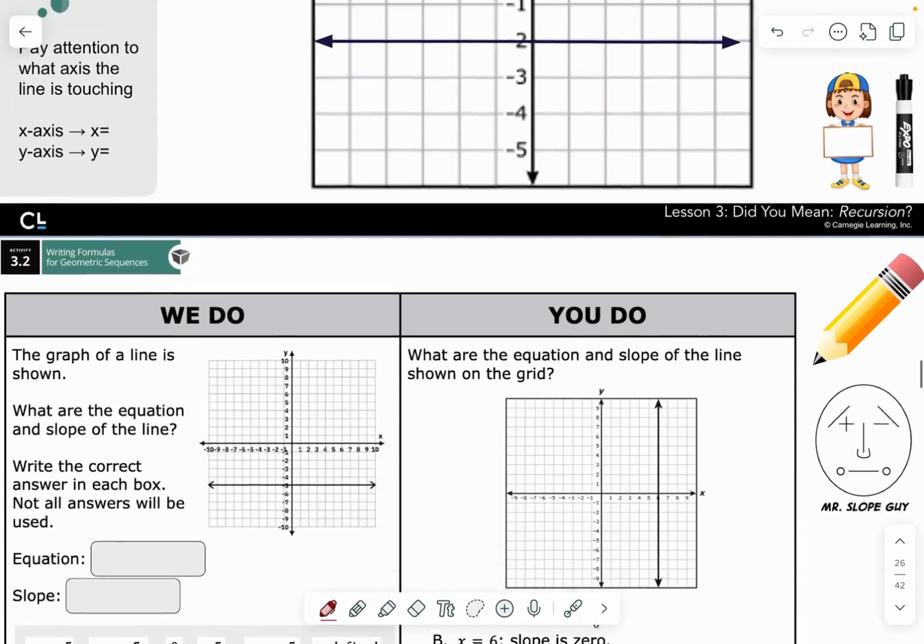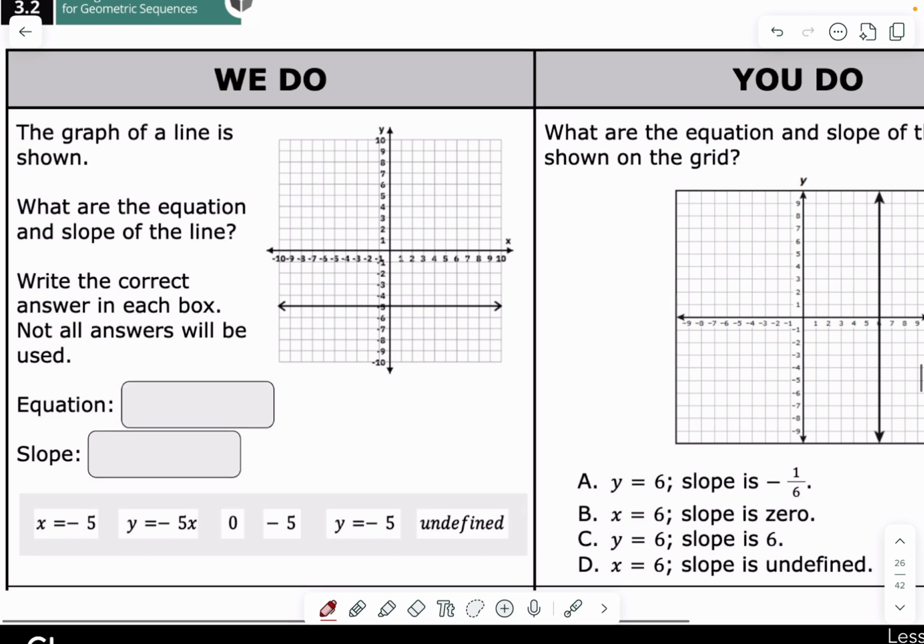I think we got that. So let's go and try this first one. The graph of a line is shown. What is the equation and slope of the line? Write the correct answer in each box. Not all answers will be used. We have equation. Equation is always going to have an equal sign. So our options for equation are this one, this one, and this one. Those are my options for equation because they have an equal sign.